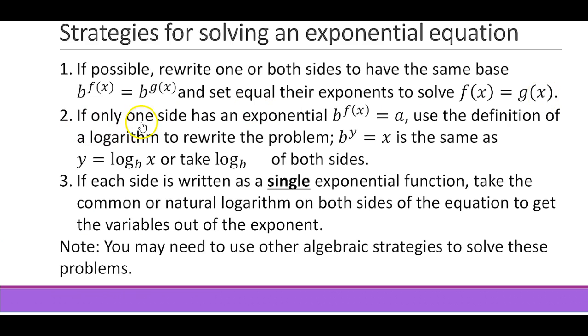If only one side has an exponential, so something like b to the f of x equals just a number, we can use the definition of a logarithm to rewrite the problem. So we could rewrite b to the y equals x as y equals log base b of x. Or we can think about it as taking log base b of both sides.